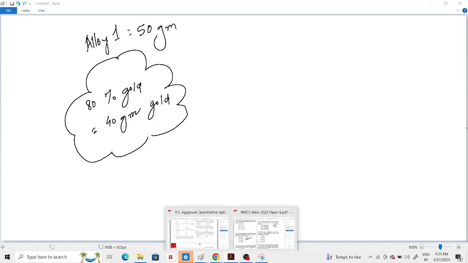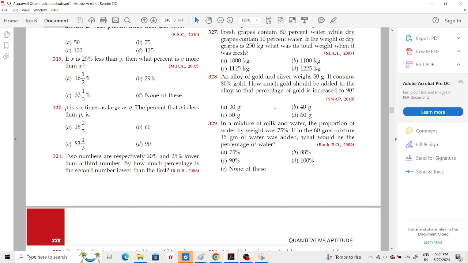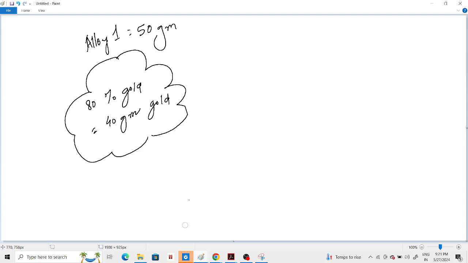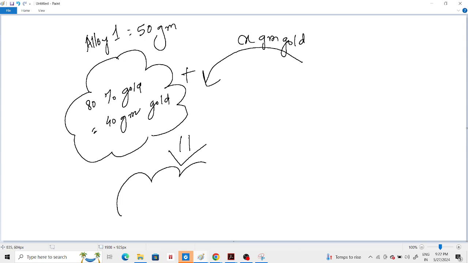Now how much gold should be added to the alloy. In this particular alloy, x gram of pure gold is added. So when x gram of gold is added, what does the total amount of the alloy become?